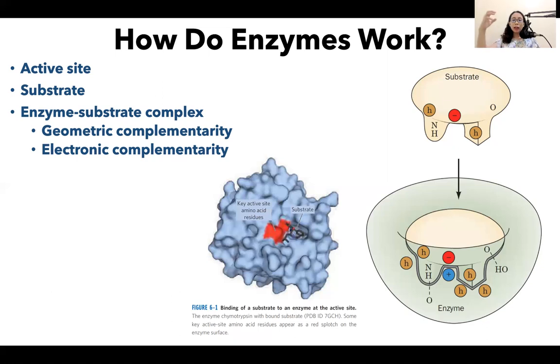The binding of the substrate itself induces minor conformational changes in the enzyme and also in the substrate. And after these conformational changes, that's when we see the perfect complementarity of the substrate and the active site. That's the induced fit model.